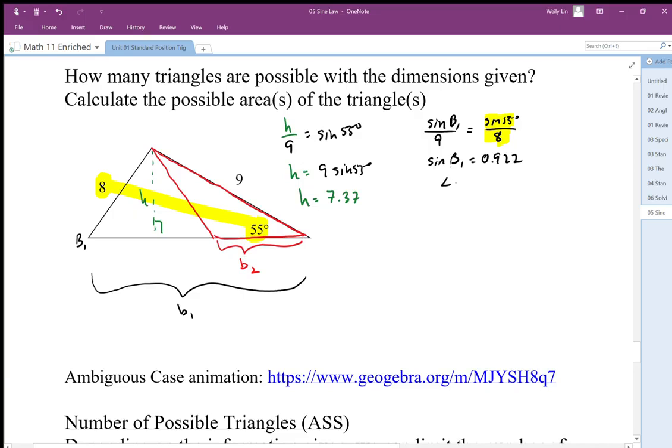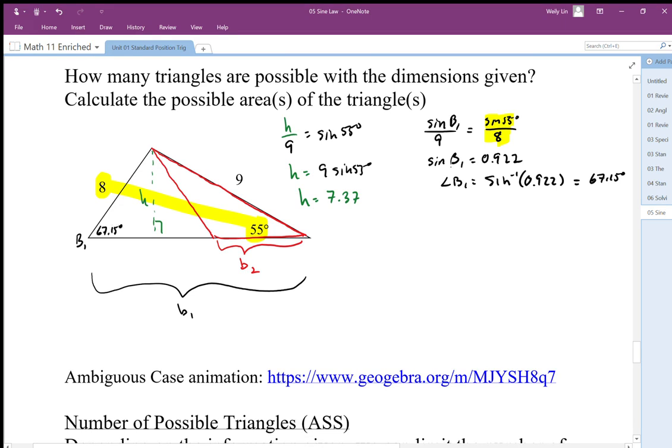So angle B1 works out to be, using the arc sine of that, 67.15 degrees. I'm going to write that in here.